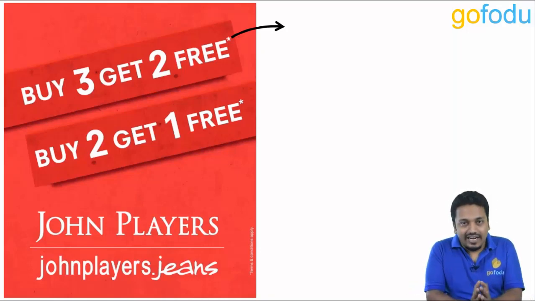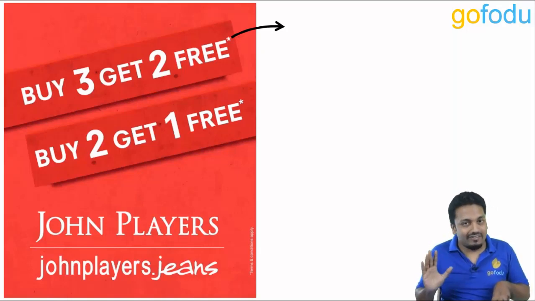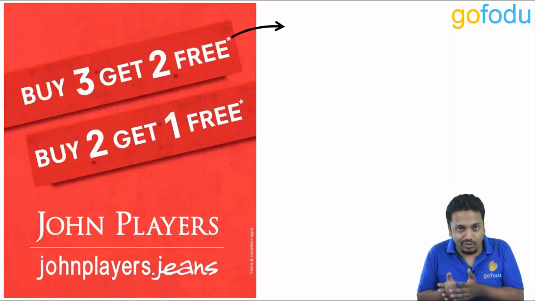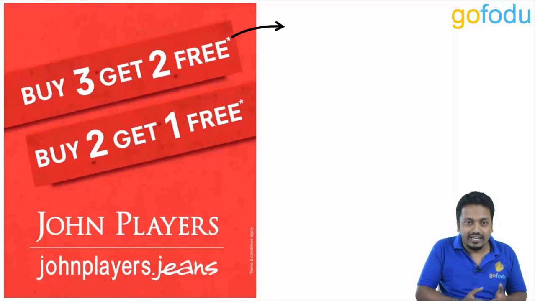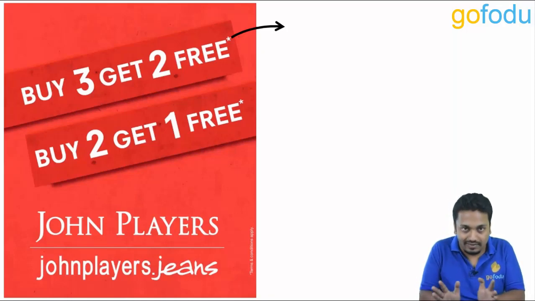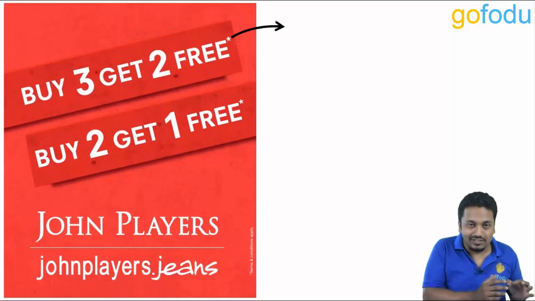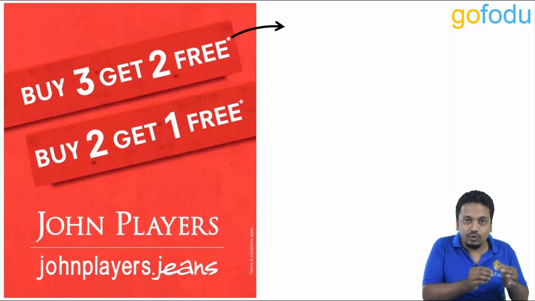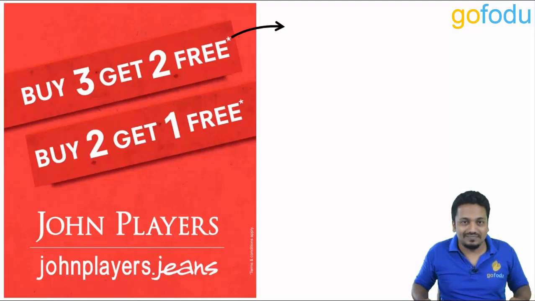See, in total you are getting 5 items. So you should be paying for 5 items, but actually you have to pay only for 3 items, as the rest 2 you are getting for free. So price of 5 items is the marked price that is shown to you as total. Price of 2 free items is the discount, and price of 3 items that you pay from your pocket is the selling price.